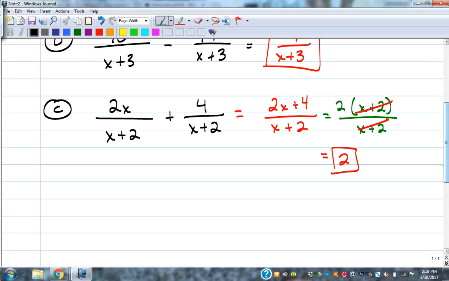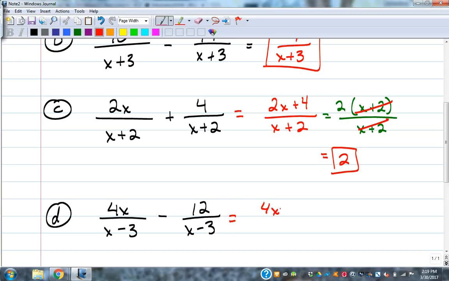Let's say we had this one. We had 4x over x minus 3 minus 12 over x minus 3. Kind of similar, a little bit different. Denominator's already the same, so we can go ahead and do the subtraction, right?